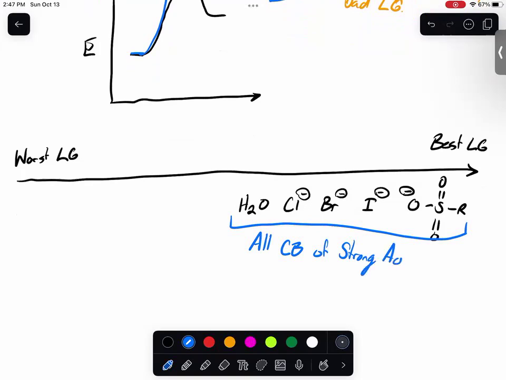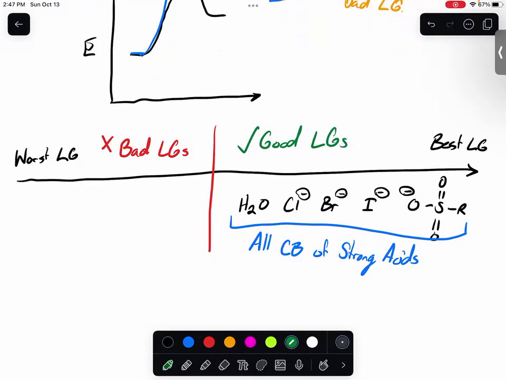The second we're no longer in that range, we cross a threshold like this here, and we go into bad leaving group land. So I would say that these are bad leaving groups, and the ones over here are good leaving groups. Looking just across the line, we have things that are not strong acid conjugate bases.